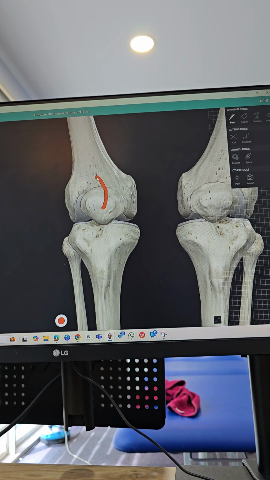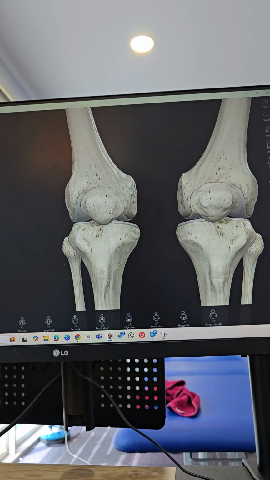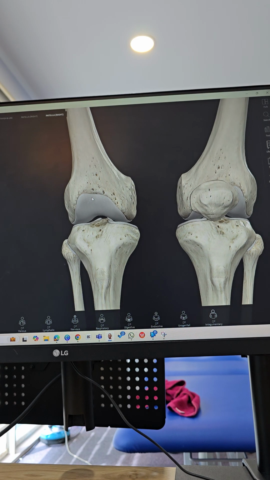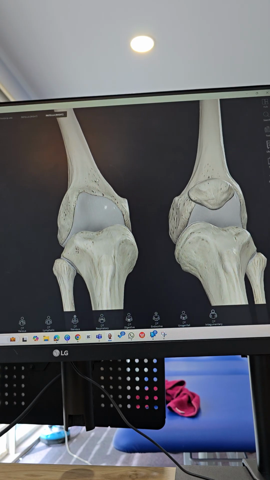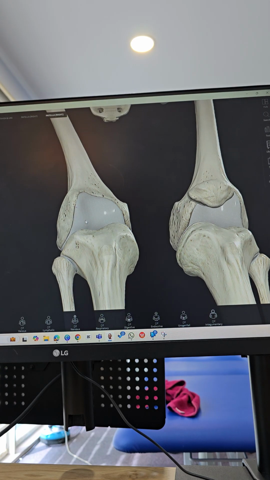Okay. How do we know that there's a C-shaped curve? Because this particular curve here has to follow this particular structure. So as you bend further into it, this particular curve here would then be in contact with your patella.